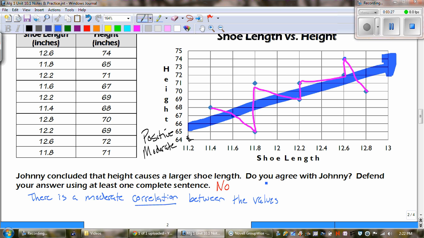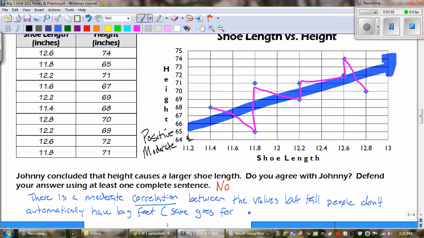Okay? But, so tall people don't automatically have big feet. Okay? And we could say the same thing about small people. Okay? The same goes for short people.